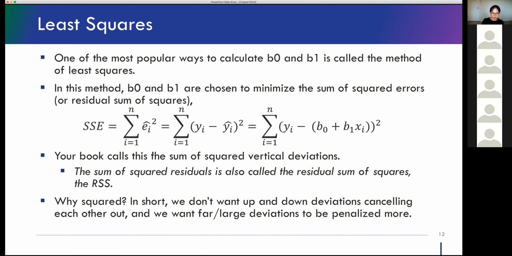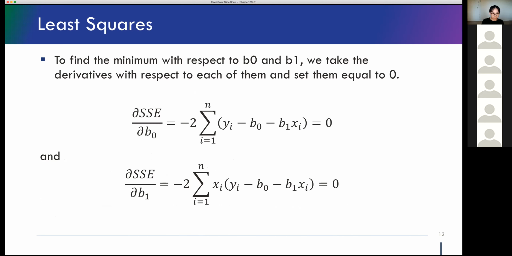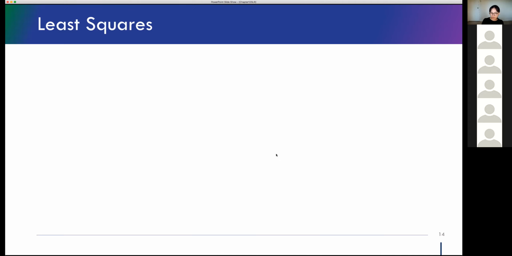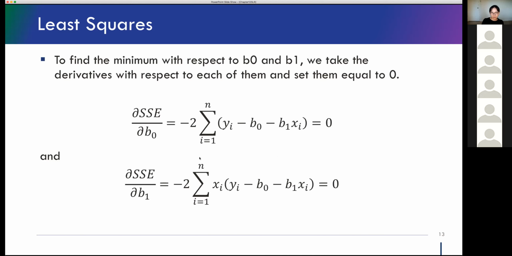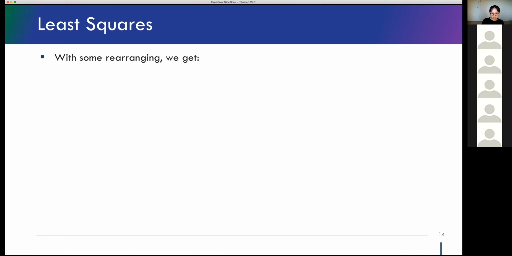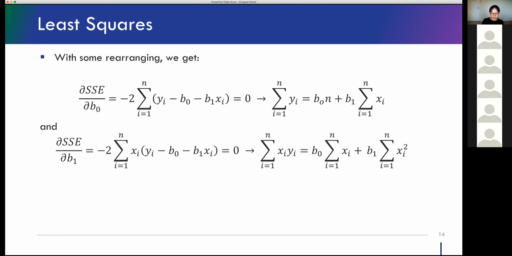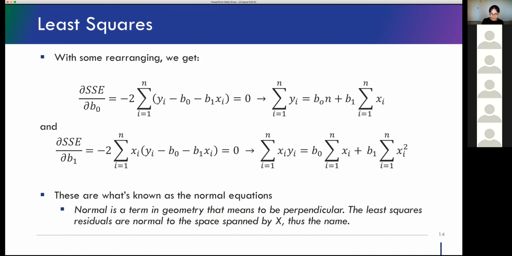Let's see, how do we do the calculation? To find the minimum with respect to B0 and B1, we take the partial derivative of this sum of squared error with respect to B0 and B1, and we will get these equations, which are called normal equations.